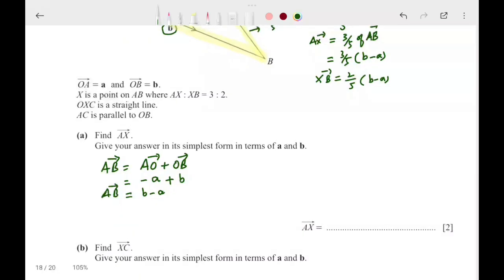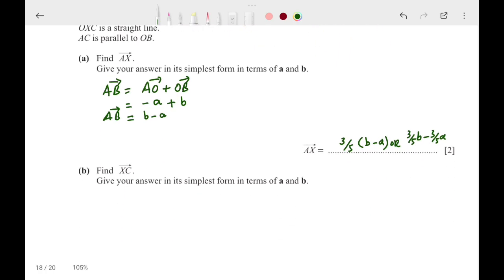So AX would be equal to 3 over 5 (b minus a), or it can also be written as 3 over 5 b minus 3 over 5 a.